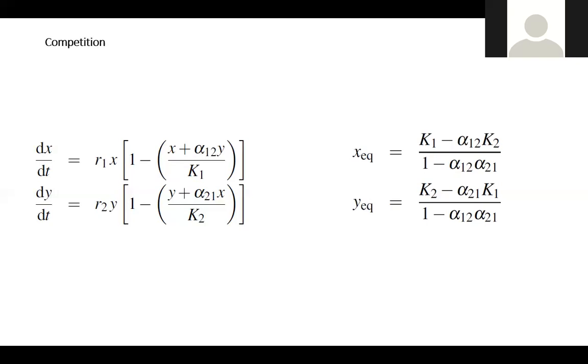How do they interact if they are mutualist? How do they interact if they are competing? How do they interact if they are predator and prey? How is the growth of a single species not affected by any other species, but just the population capacity? All of these things, we learn how to model in a differential equation.